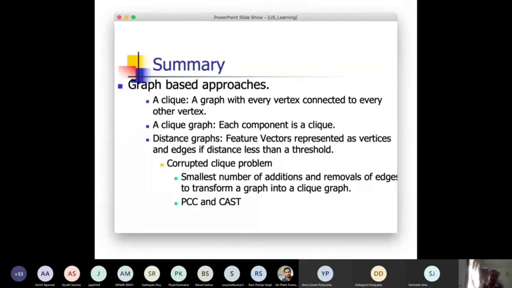And then there are algorithms like PCC and CAST that we discussed. And finally, we also discussed another very popular algorithm, called DBSCAN, which does not require any explicit computation of a distance graph. But the concepts of neighborhood and connectivity are also used there, as you can see. Distances are used. So with this, let me stop here.